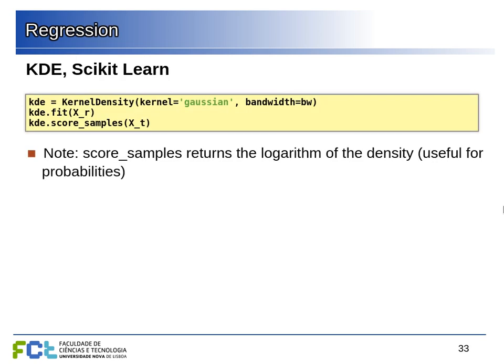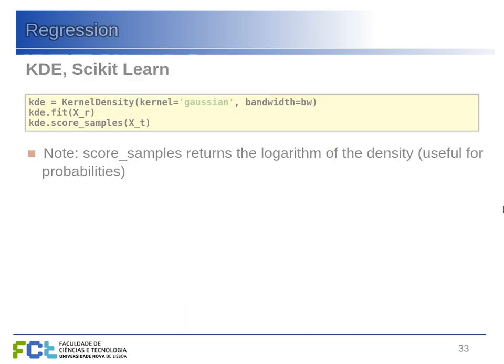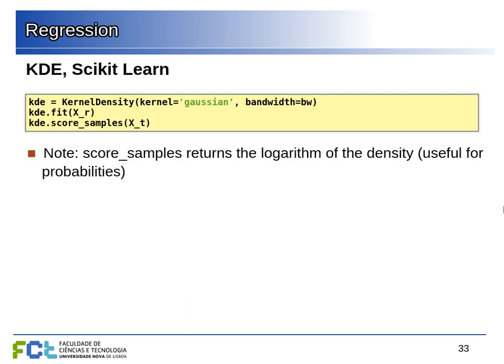You can do that by using score sample, so you give the x values and ask for the score. Actually, the score sample gives us the logarithm of the kernel function. This is useful because typically kernel density estimation is used for probability distribution. And if you have to compute the joint probability of several probabilities, you have to multiply everything.